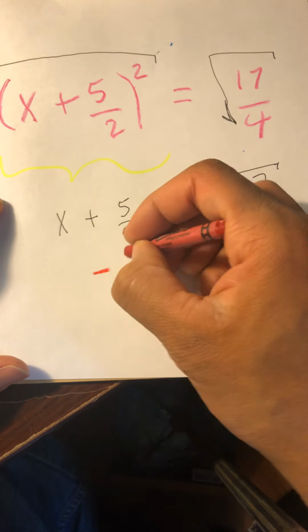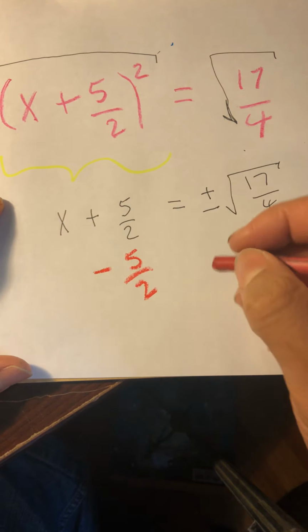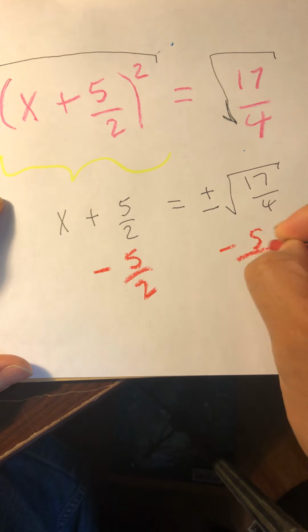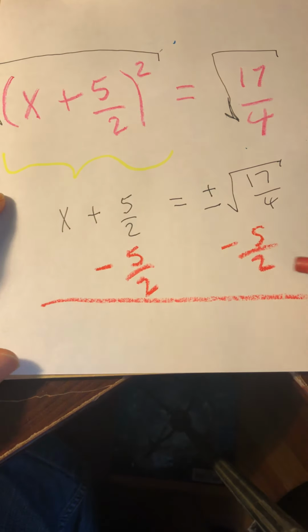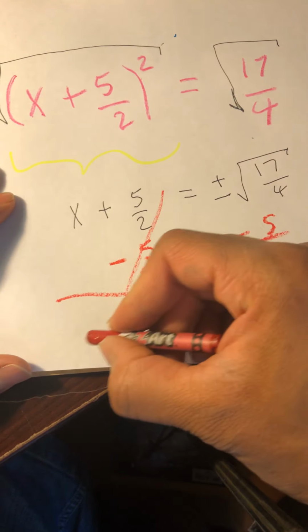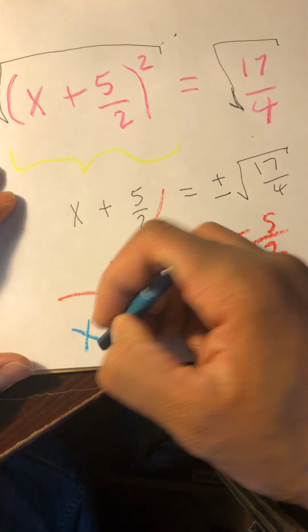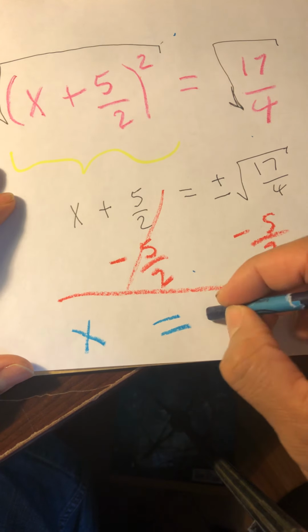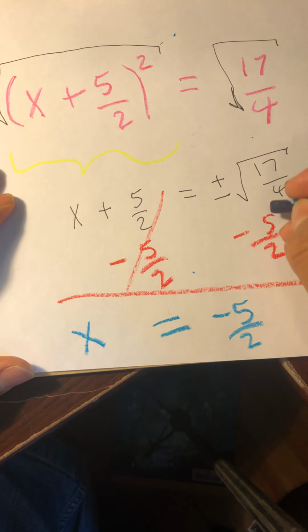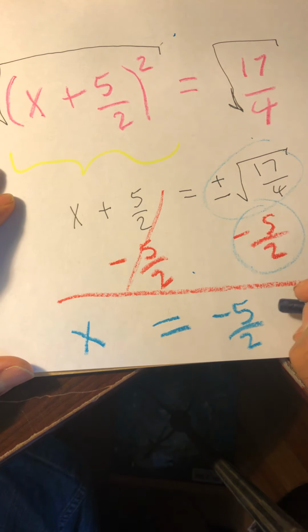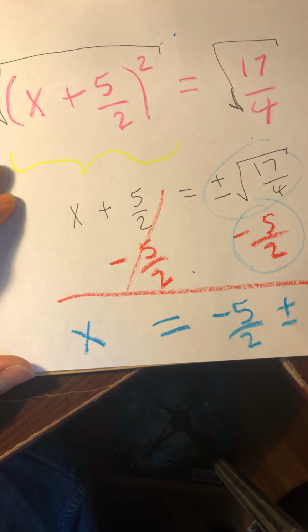Now I'm going to subtract 5 over 2 from both sides. This cancels out, and what I have now as my solution is my x here, and I have minus 5 over 2 from this, and now I have plus or minus.